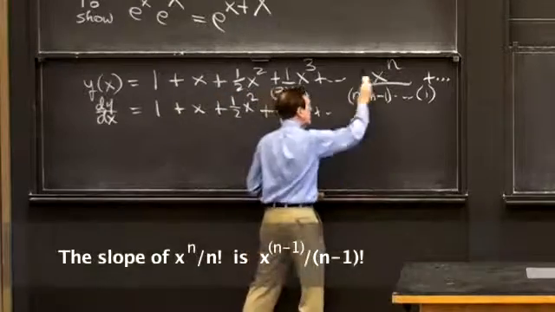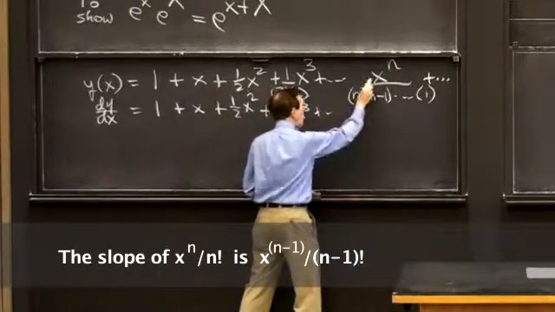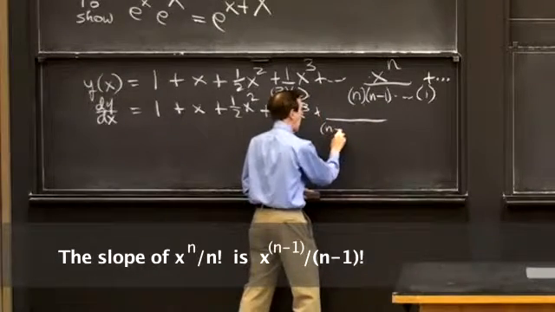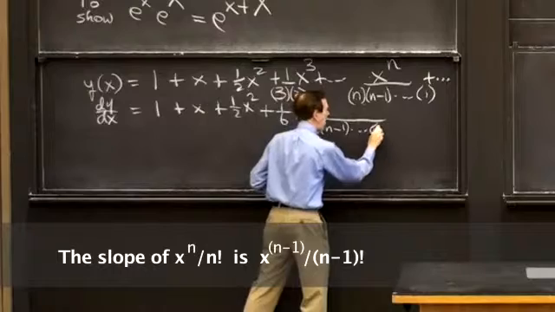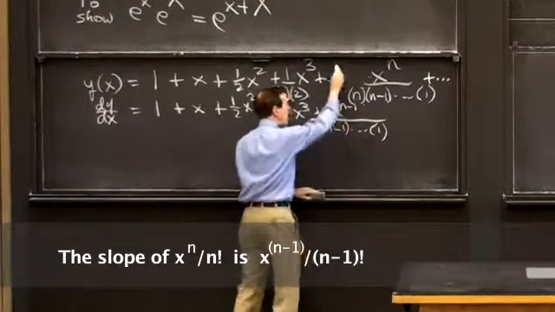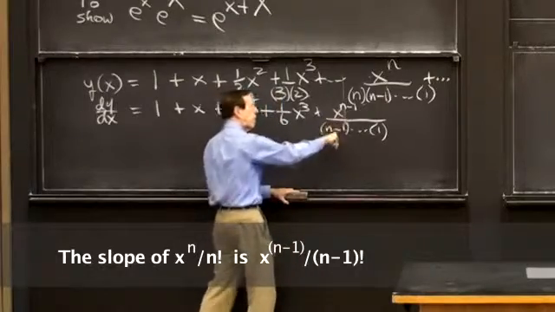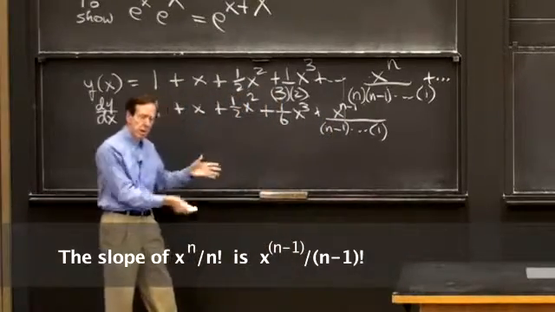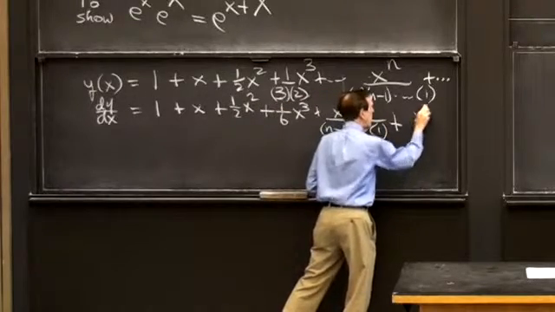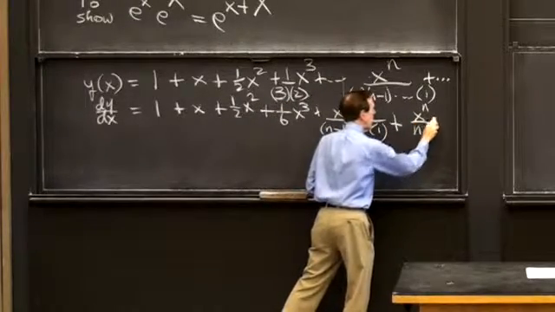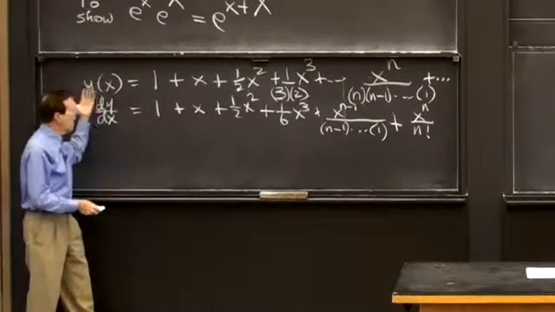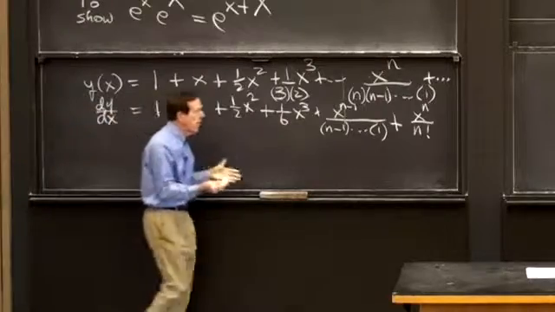Do you see when I take the slope of this, the n will cancel the n, so I'll still have these other guys down below, and I'll have x to the n minus 1, and that will be x to the n minus 1 over n minus 1 factorial. That will be the previous one. But now I have to add in the x to the nth over n factorial, because y and dy dx have to be the same, so I have to keep going.